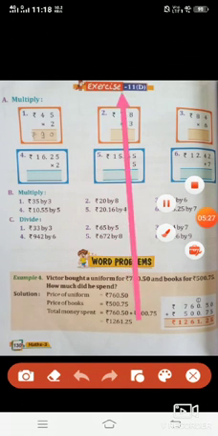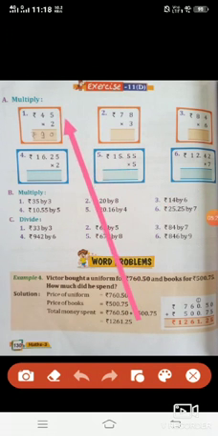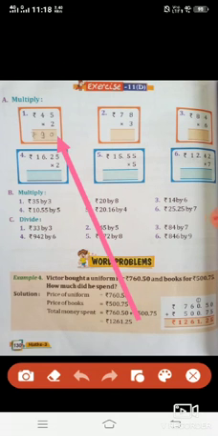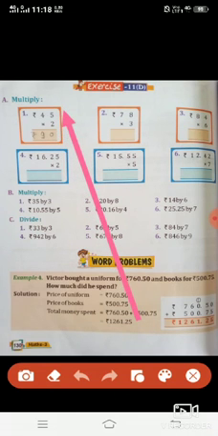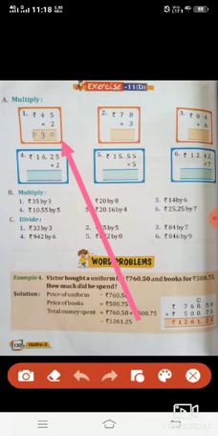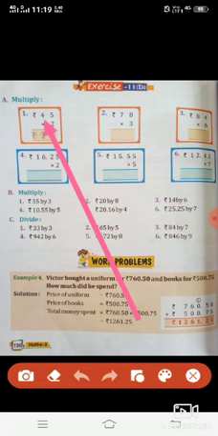Students, this is exercise 11D, multiply. Students, when we multiply 2 by 5, then we get 10. So we will write 0 here, and then we will carry 1, and now we will multiply 2 by 4, then we get 8, and then we will add 1 carry, and finally we get 9.